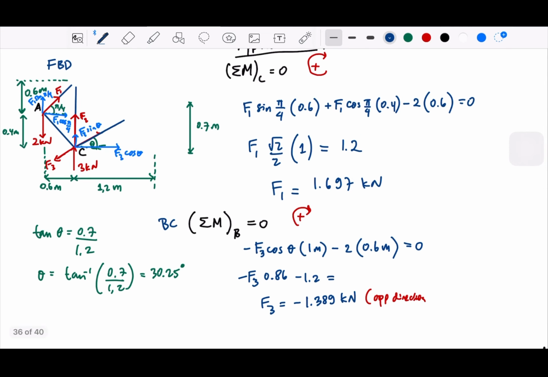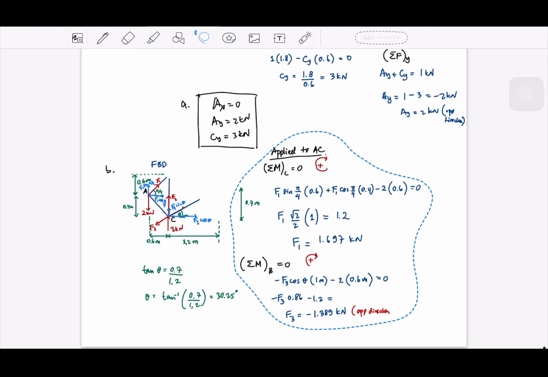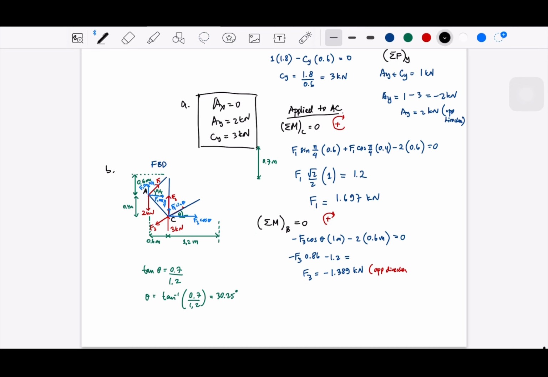And then to find the F2, we could take the equilibrium at y equals 0. I think that's better.